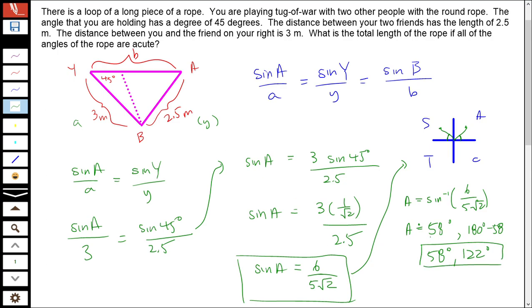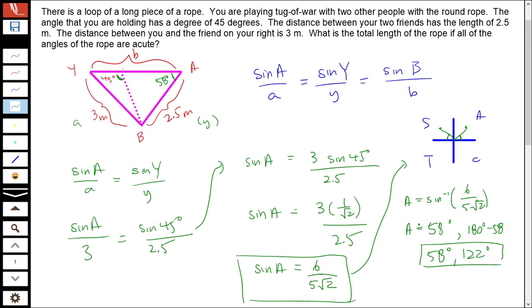Now let's take this and let's refer back to the diagram to see which one we have to use. So even in the question it says they all got to be acute, so I know it's going to be the 58 degrees, and we can also verify that in our diagram. So I'm going to use, let me use green. So this 58 is going to be this one. However, the 122, that's going to be the angle for this.